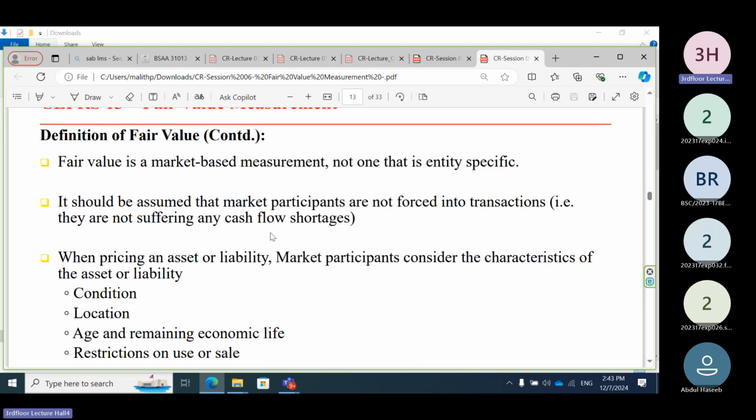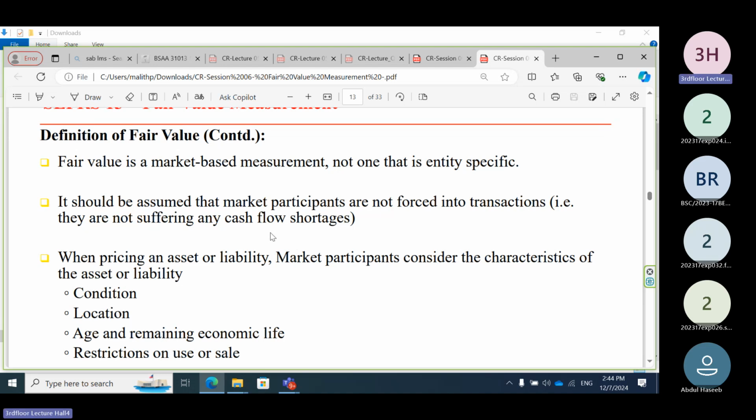It is not a transaction-specific, entity-specific, personalized number. It is a market-based number. If you do the fair valuation, it should be a justifiable answer to someone else. That's what is meant by fair value being a market-based measurement, not one that is entity-specific.